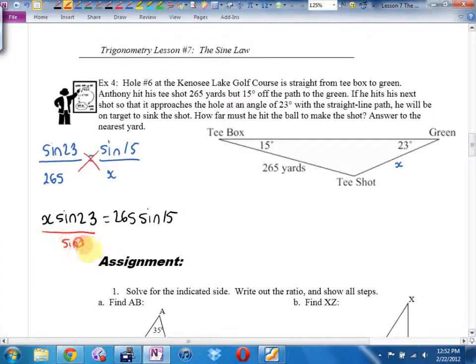Here I have enough room to actually show it. I can show my work. I think you get 265 sine 15 divided by sine 23.